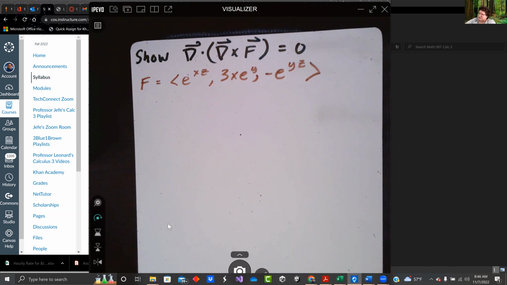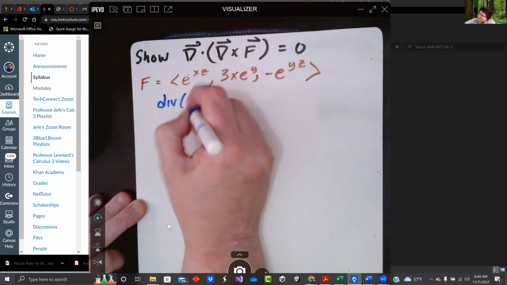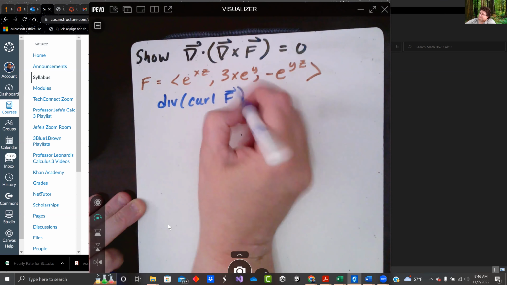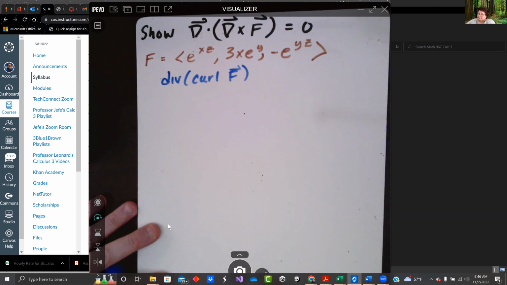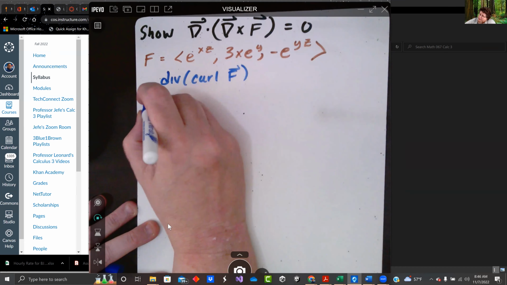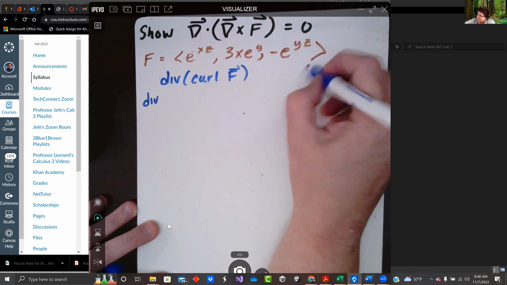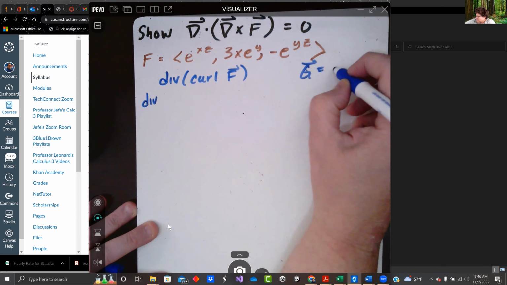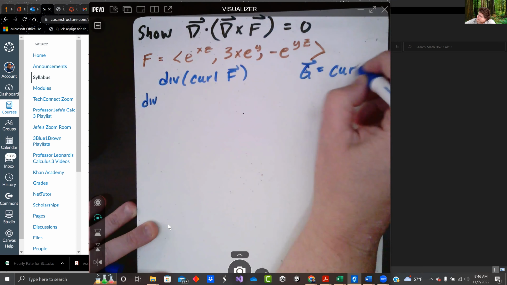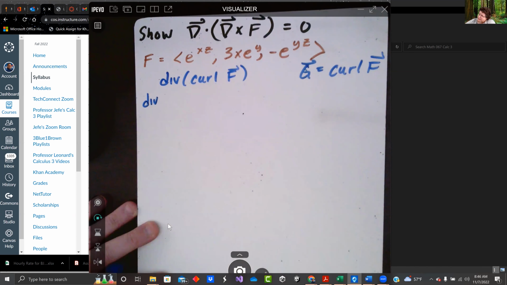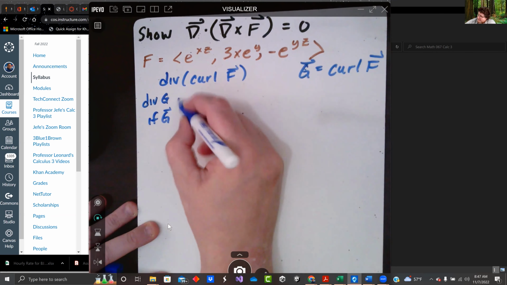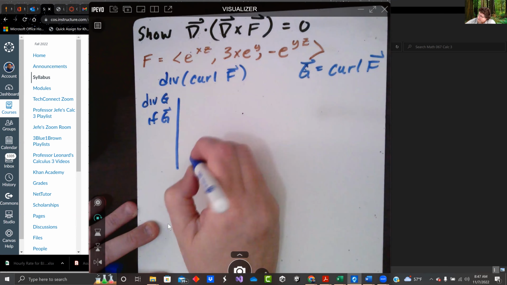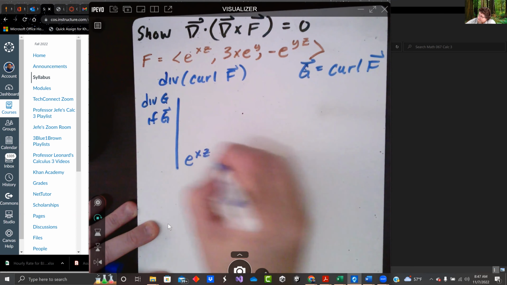So if we're going to do the divergence of the curl, this is div curl F. We've got to do the curl first. Let's call the curl of F G. Then I still need to take the divergence of G. I'm writing out the curl now.